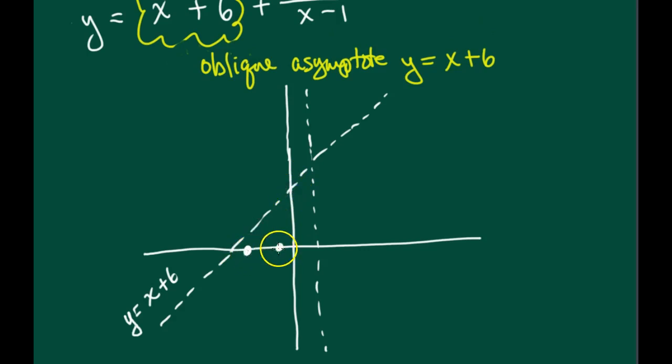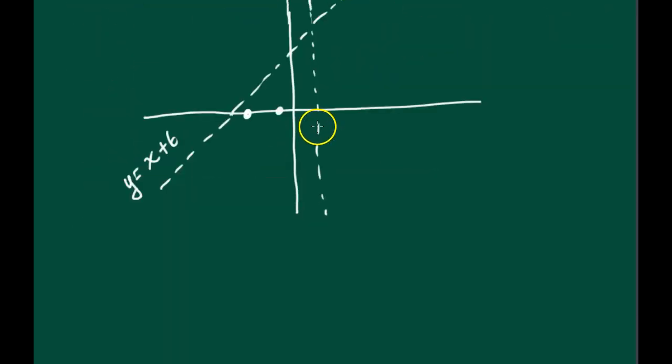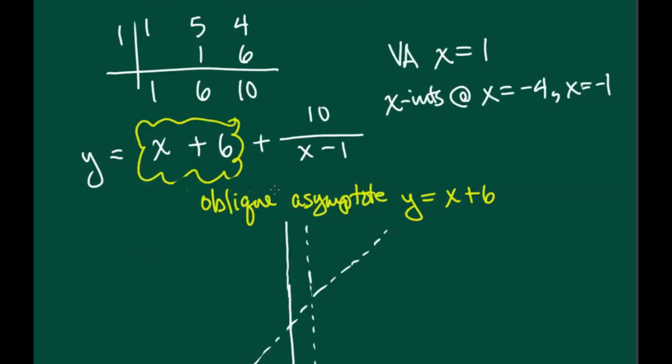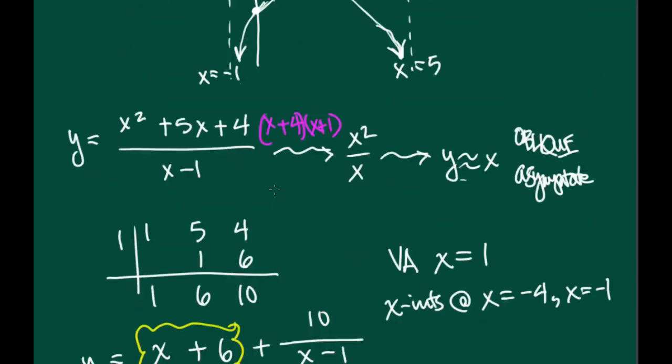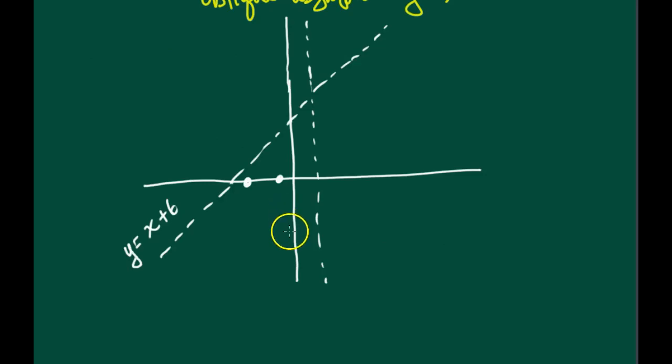And I have these two dots for the zeros of the numerator filled in, those zeros being negative 4 and negative 1. So those tell me something about the rest of the graph. What did we say our y-intercept was? It's going to be negative 4. I don't remember if we did say. Okay, so negative 4 down here.